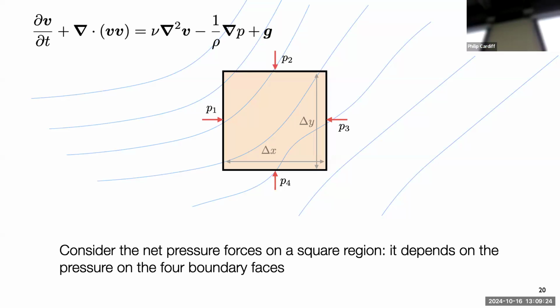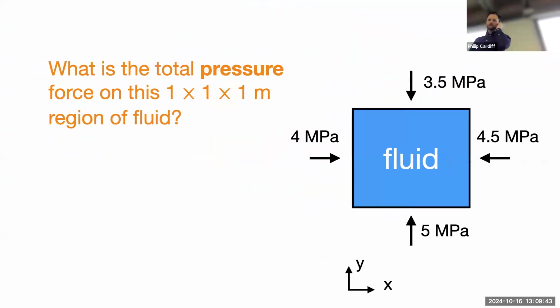So if we look at this same block in a flow field, and we have a pressure distribution as well. There'll be some pressure at this side of this block, P1, some pressure at this side, P3, P2 at the top, P4, following the same number convention.